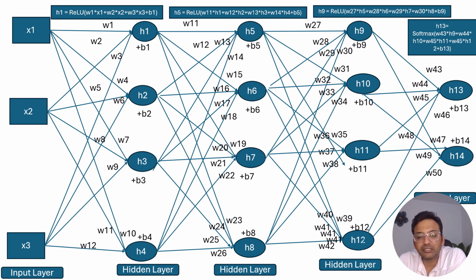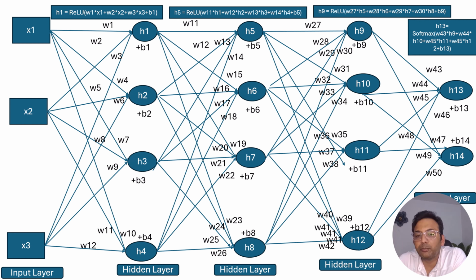Now H5, H6, H7, H8, which is our second hidden layer, works as the input for our third hidden layer, and we get the values H9, H10, H11 and H12. Then at the end we have our output layer with two nodes, H13 and H14, and in this example I use the softmax function.